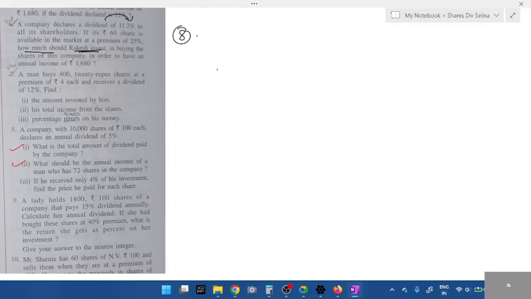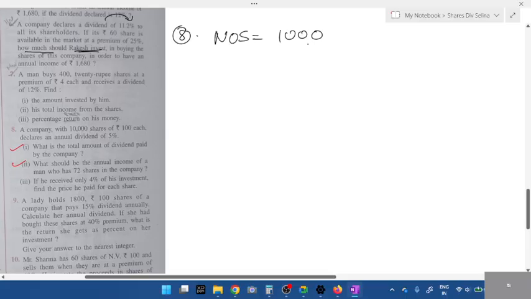Okay, shall we do the eighth one? What is the number of shares given? Yes. A company with 10,000 shares of how much? Nominal value is 100.